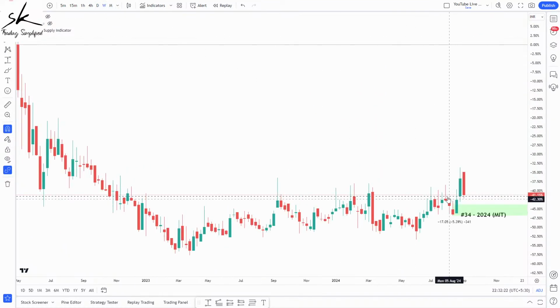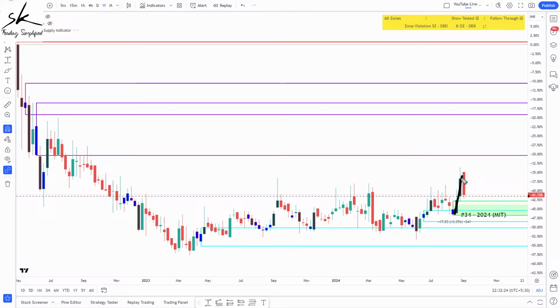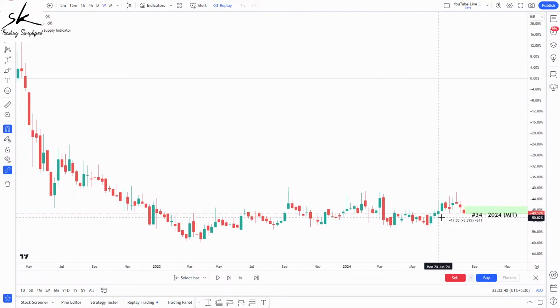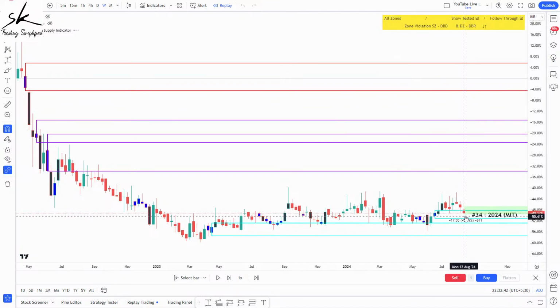So if I go to the weekly chart, you can see that when we have this move to the upside, we don't have violation of any opposing supply area. All the supplies that we had in the past were already violated. In fact, I can do a candle replay just to prove it to you. So you can see if I do a candle replay, this is where we started moving up from. If I draw it something like this, we don't have any supply. The nearest supply is this.